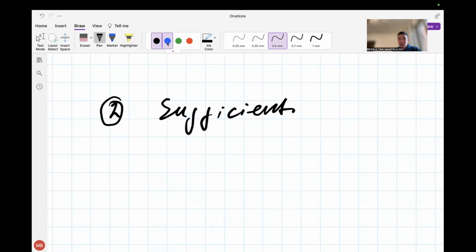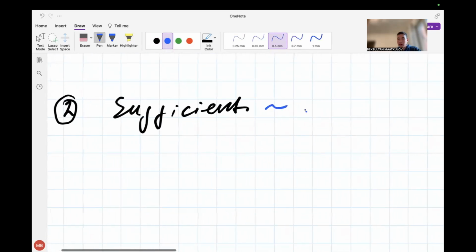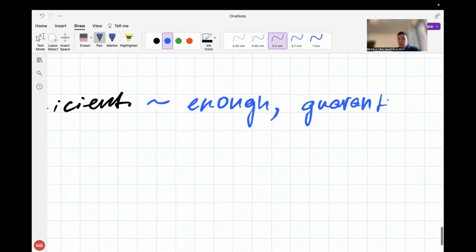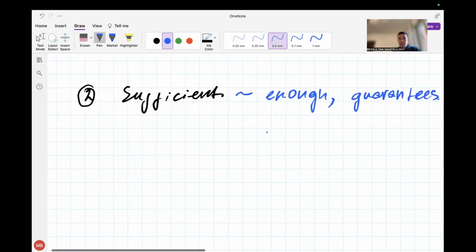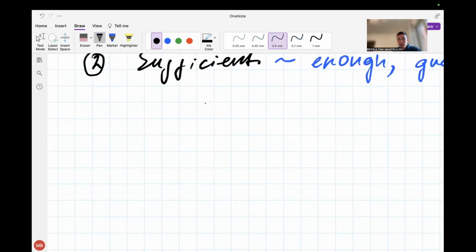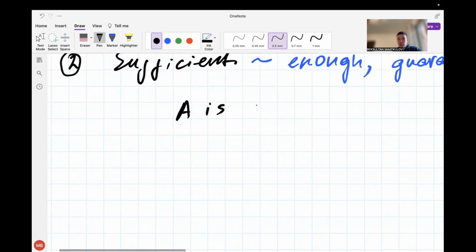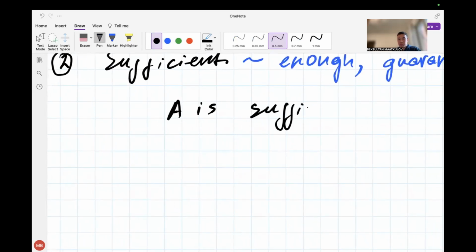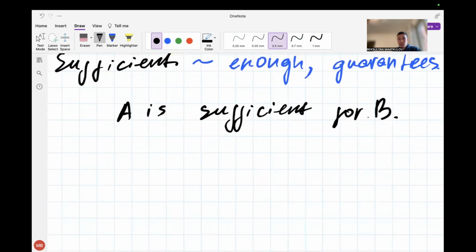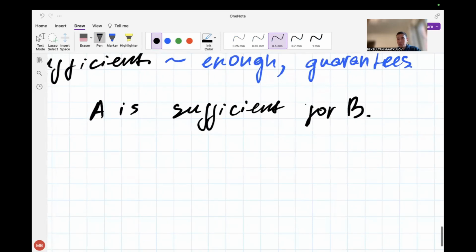So the word sufficient, you can use the word enough to replace it. Instead of sufficient, you can use guarantees as well. Like general form, you could have it like this: A is sufficient for B. So if you have A sufficient for B, instead of sufficient, you can write guarantees.